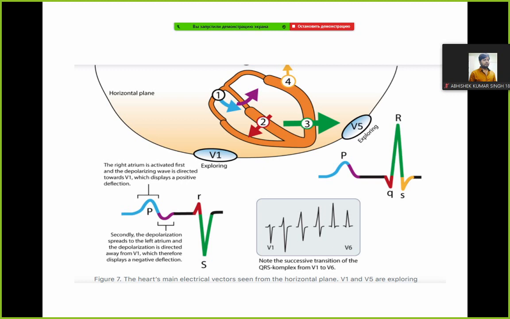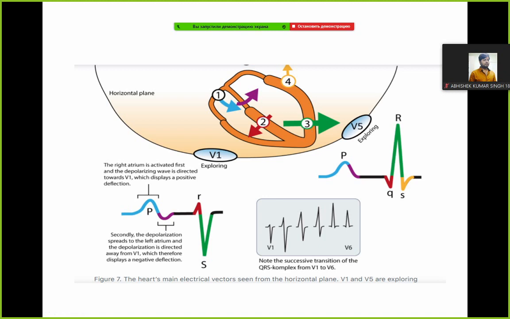That is why V1 displays a small positive R wave, and V5 and V6 display small negative Q waves, like in this example. Thus, it is the same electrical vector that results in an R wave in V1 and a small Q wave in V5.